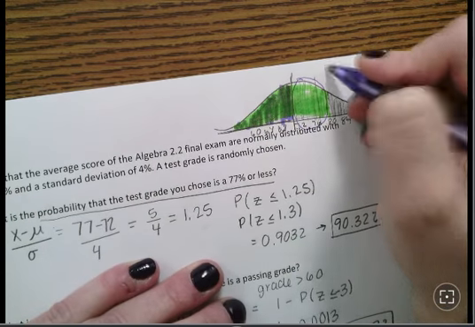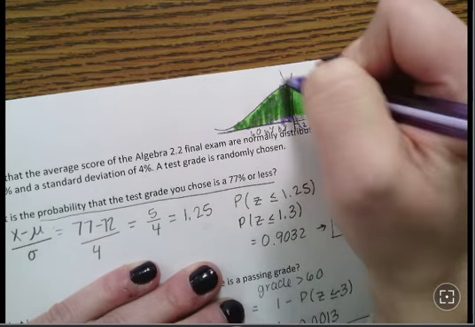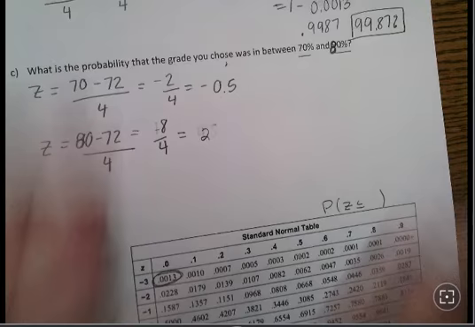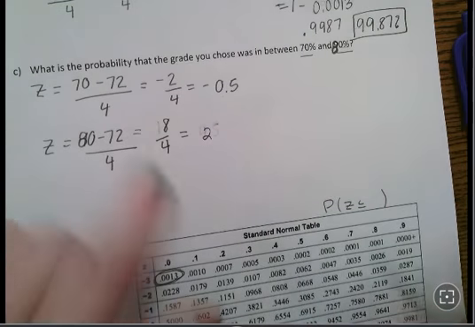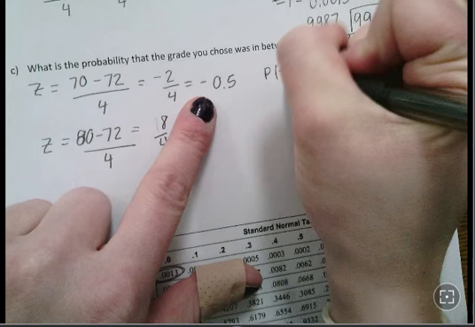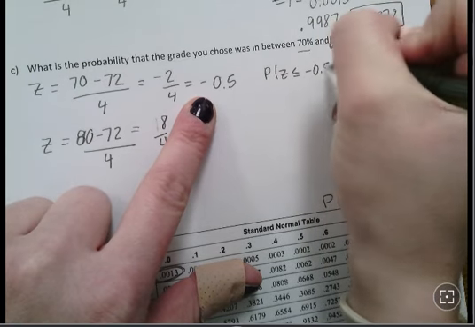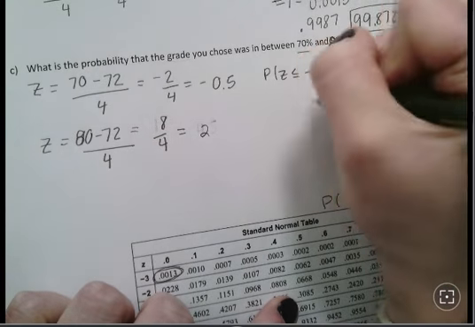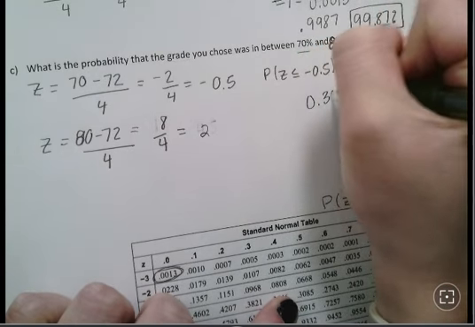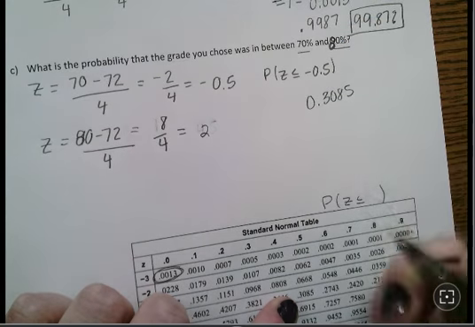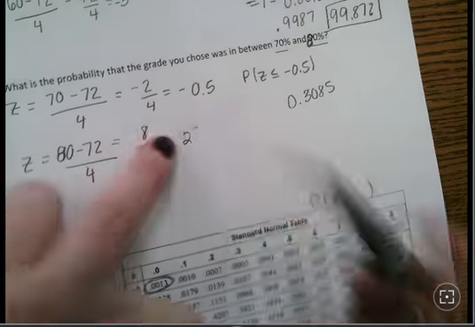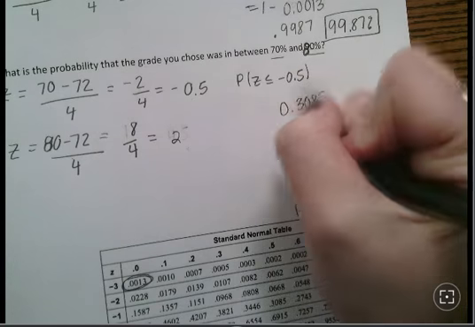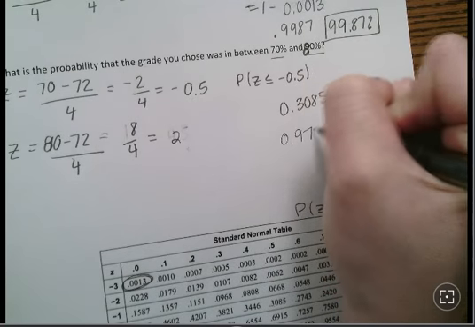So we're going to take this z-score and subtract that one, well, the probabilities of them anyway. The probability that our z-score is less than or equal to negative 0.5 is 0.3085, and the probability that we're at positive 2 is 0.9772.